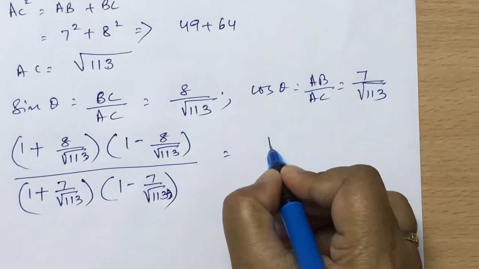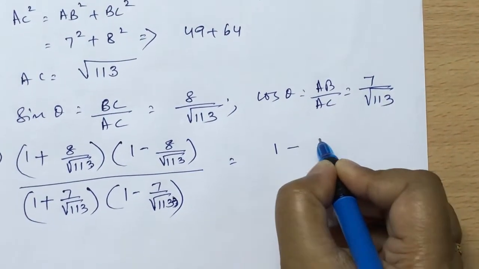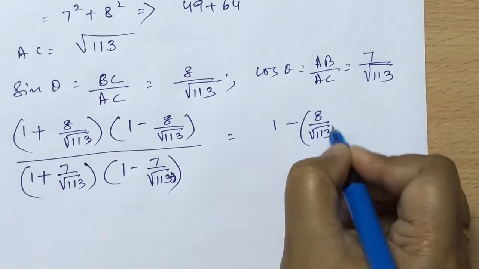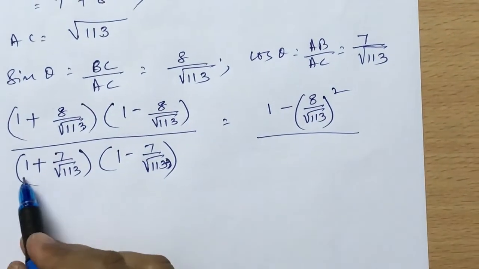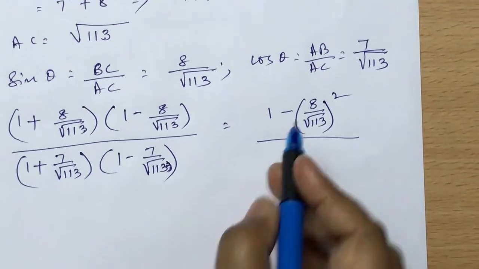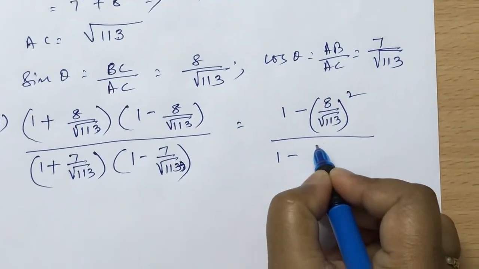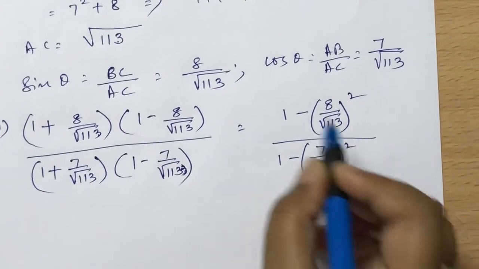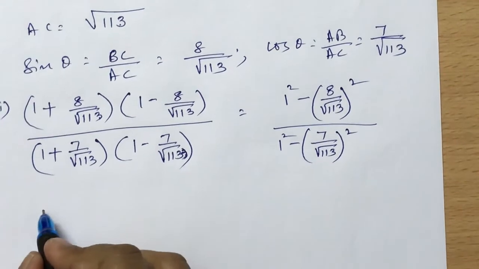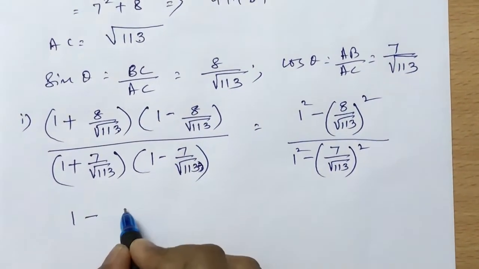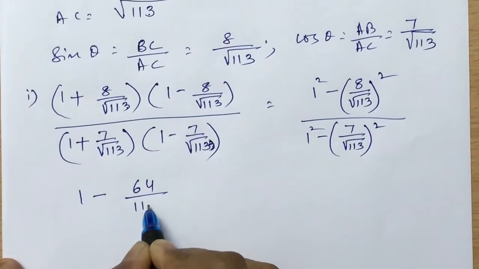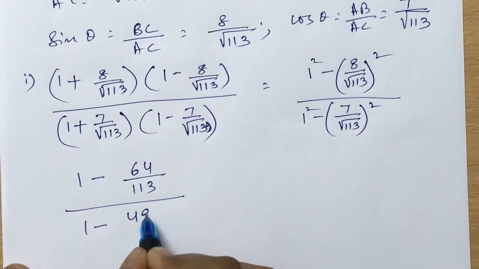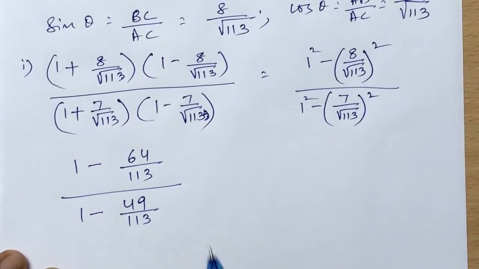So you have 1 square minus 8 by root over 113 whole square. This is also a plus b into a minus b, so you have 1 square minus 7 by root over of 113 whole square. So now I get 1 minus 64 by 113 whole by 1 minus 49 by 113.